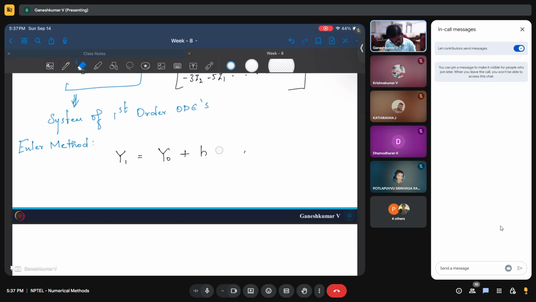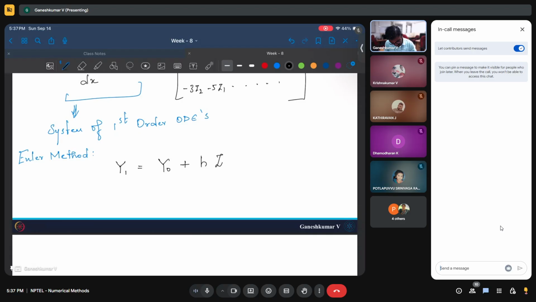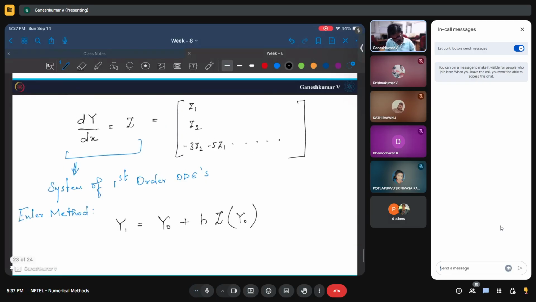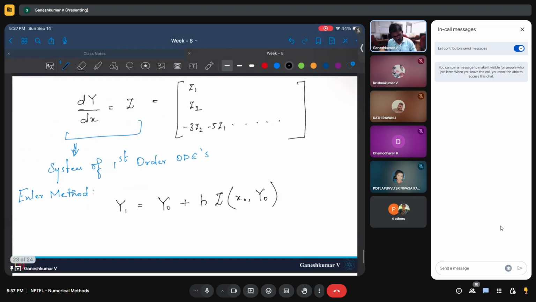So in this case, this function is nothing but your z. Okay, so z, which is a function of x naught and y naught. X naught is one value that we know, and y naught we can use this.